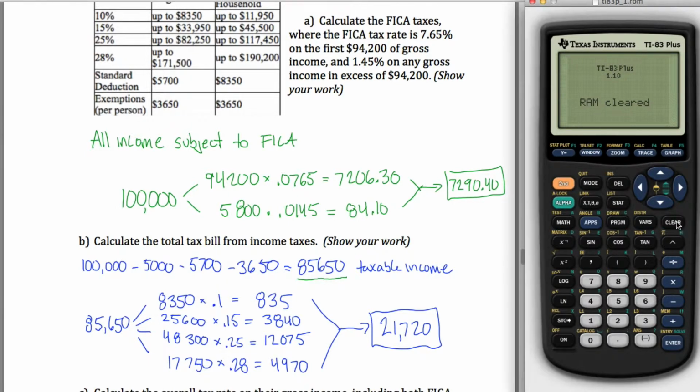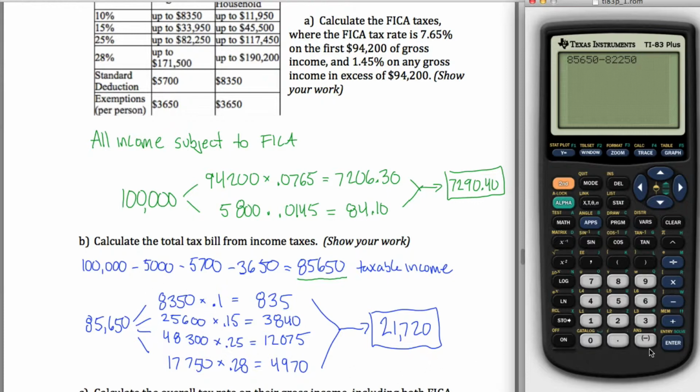So really what I should have done is taken 85,650 and subtracted what we've already paid tax on, which is the 82,250. 82,250 is the sum of all of these numbers right here.